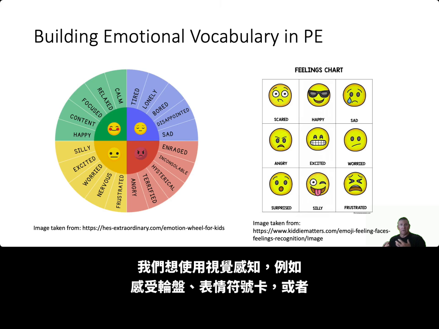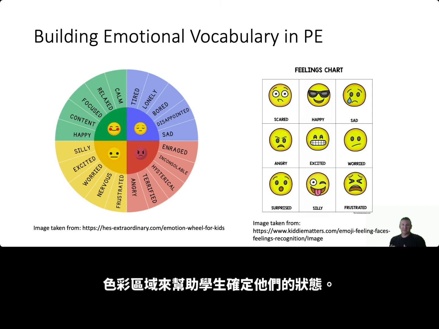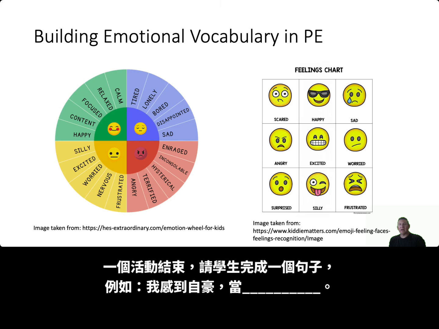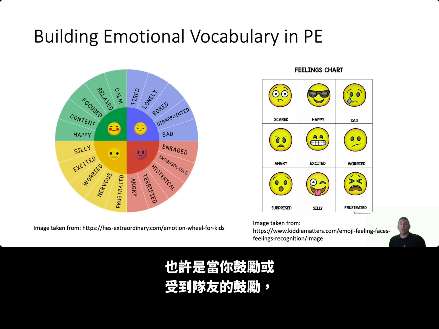We want to use visuals, things like feeling wheels, emoji cards, or colored zones to help students identify their state. Then we want to embed this idea of reflection. After an activity, ask students to complete a sentence like, I felt proud when, maybe it's when you were encouraged by a teammate, or you encouraged a teammate.